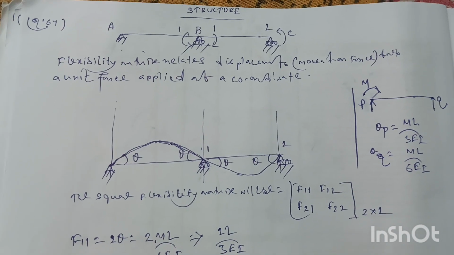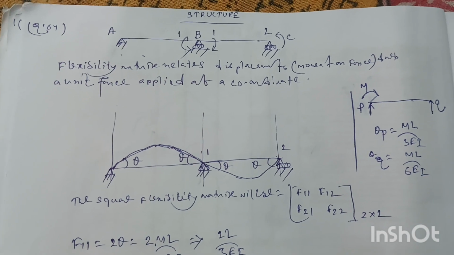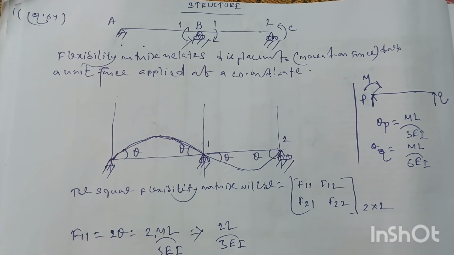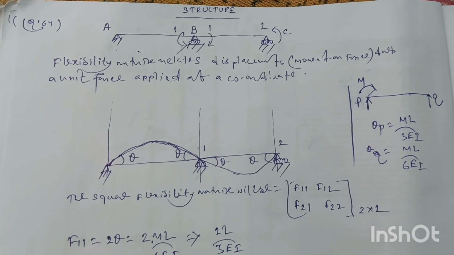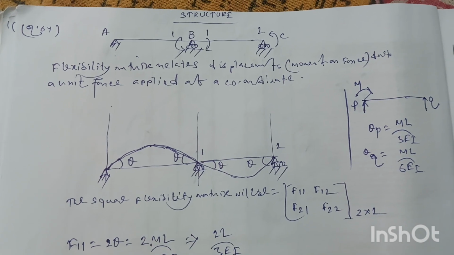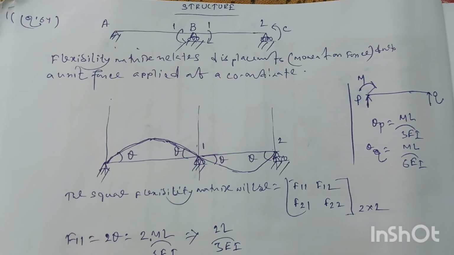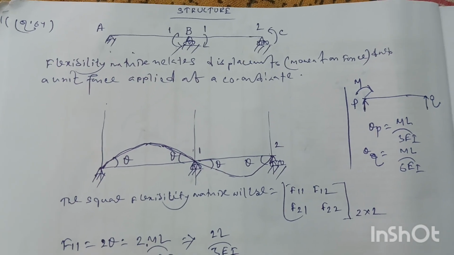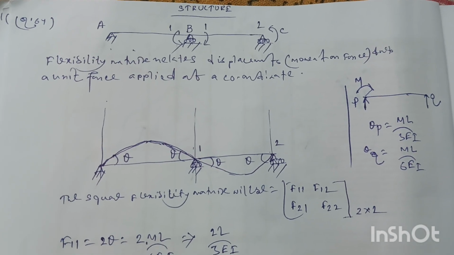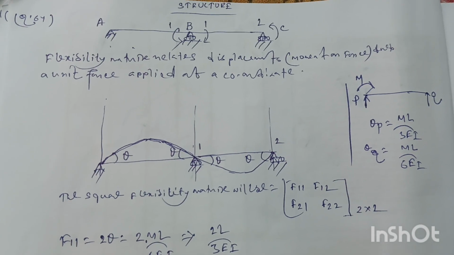flexibility is simply the rotation value, the slope at different coordinates due to unit moment or unit force at a certain coordinate. And when the values of flexibility are arranged in a matrix, then it is a flexibility matrix.